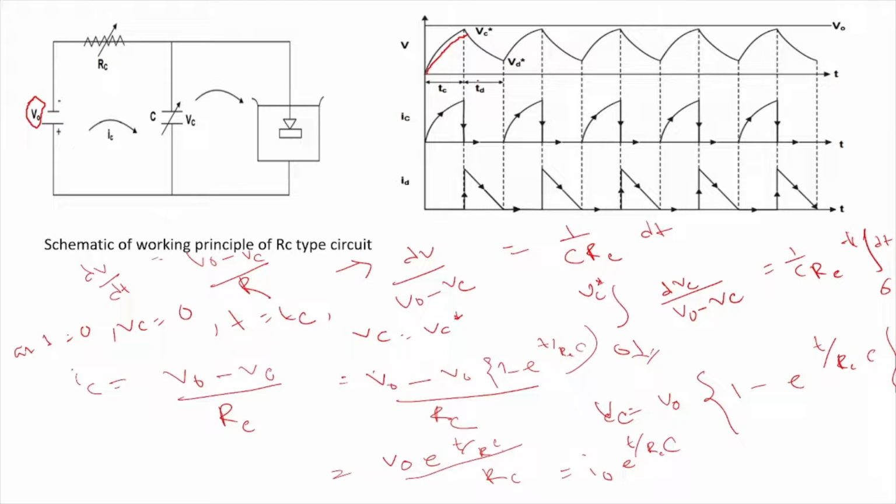And it gradually then decreases. We can see, so this is T on, or Td, discharging. In that discharging phase, it decreases, so it will be equivalent to the pulse on time.